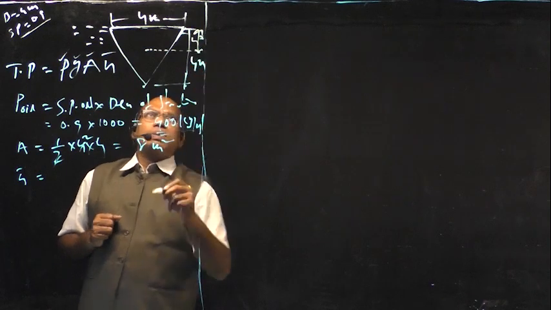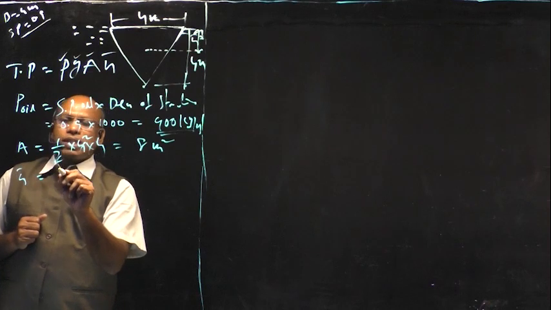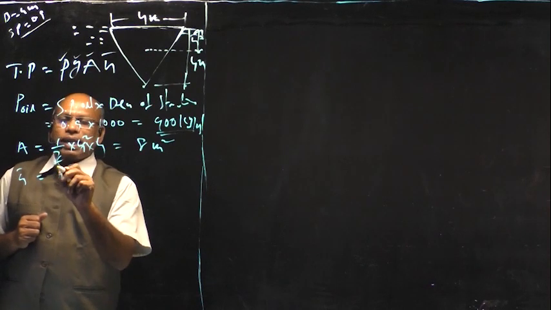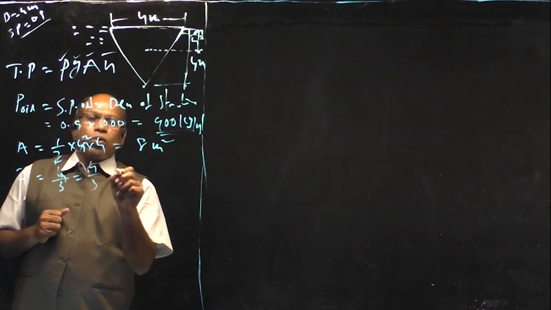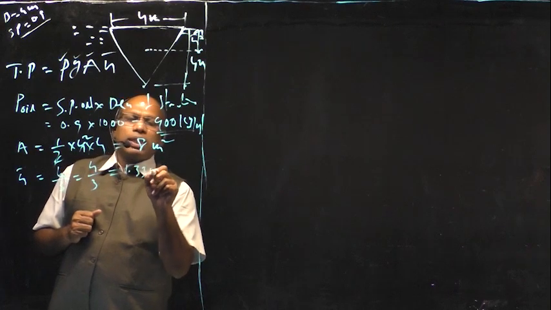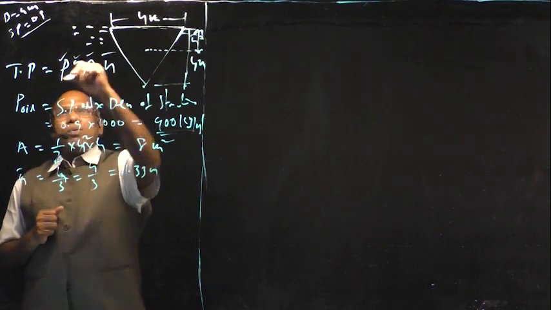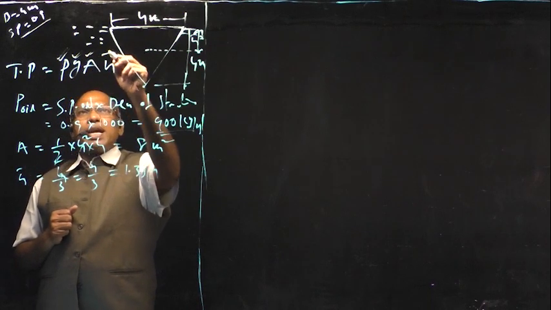In case of a triangle, h bar is equal to h by 3. H is 4 meters, so 4 by 3, that is equal to 1.33 meters. Now we have density of the oil, G value, A and h bar.